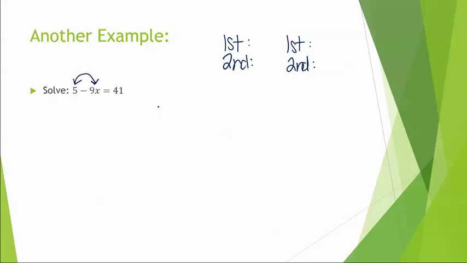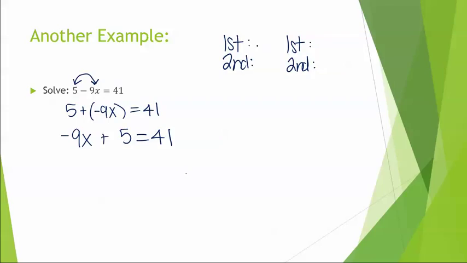Now, if you're thinking, but I can't use the commutative property with subtraction, you can with addition if we change this to addition. Okay, so it can become 5 plus a negative 9x. Then if you want to, you can rearrange the negative 9x and the 5. Now, this step is optional, but it might help you to go through this process.